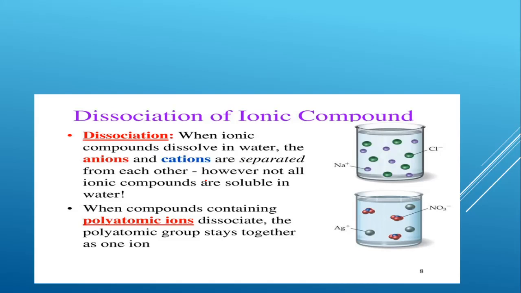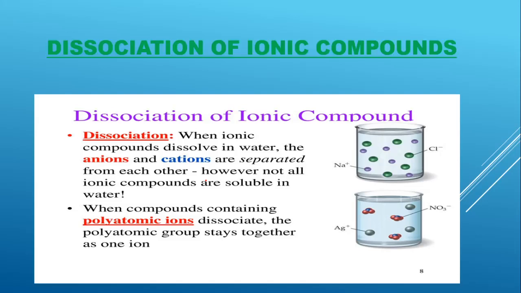Here, if we talk about the dissociation of an ionic compound NaCl, that is sodium chloride, when it is dissolved in water, it forms ions. Why does it form ions?